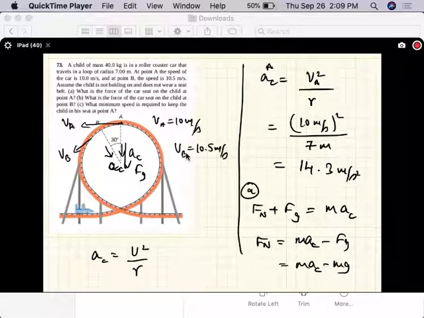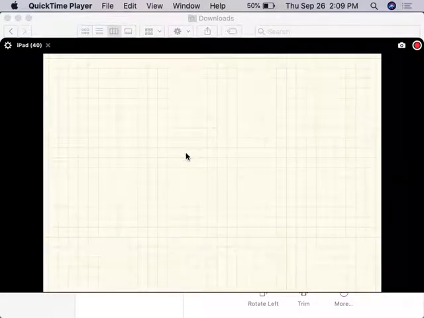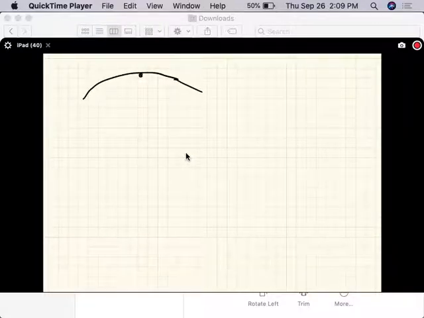What else is the problem asking? What minimum speed is required to keep the child in his seat at point A? So here's the deal. When the centripetal acceleration is equal to g, that's the minimum speed.